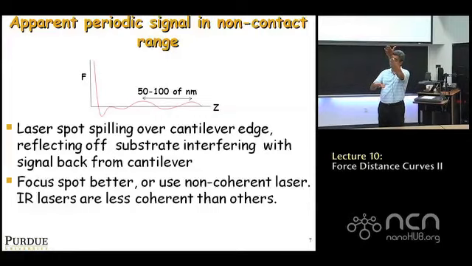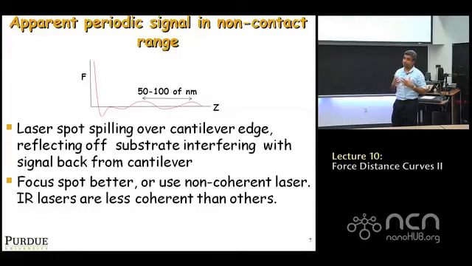So the photodiode gets two signals, one reflected from the sample, another from the cantilever. And the difference between them can be an integer multiple or integer fraction of the wavelength, causing constructive or destructive interference at the photodiode. It turns out that there is some periodicity associated with these wavy features, and it has to do with the trigonometry of the beam deflection system, the wavelength of the laser, and so on.